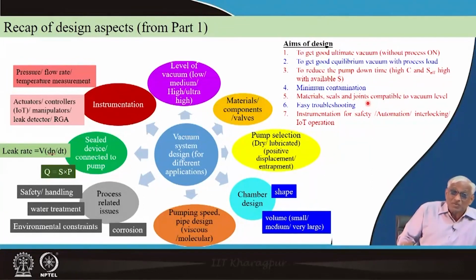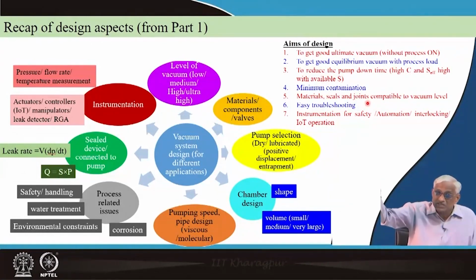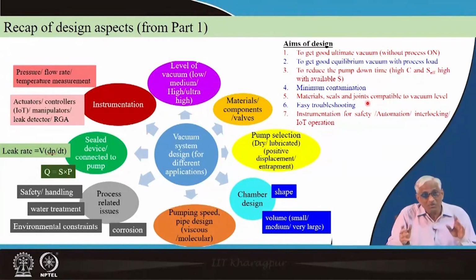That is the reason in 10 power minus 11, minus 12 torr type of systems, even though they do not require that much thick wall, they still keep a very thick wall, so that polishing can be done easily without any buckling, and also diffusion from the gases already there in the material or permeation of the gases coming all the way from outside through the wall into the inside. All those problems are less, but it is heavy. Okay. Mechanically, it is not a proper design. That means, you are off design, but still it is a part of design.